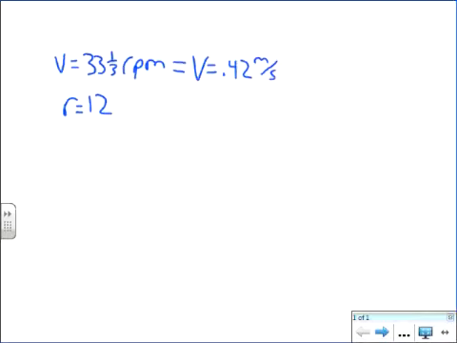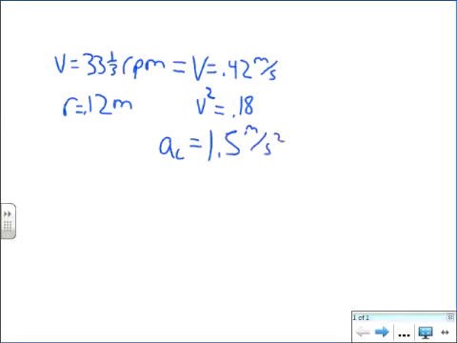From there, we just squared it, which means that v squared equals 0.18. Oh, by the way, the radius is 0.12 meters, 12 centimeters. And so when we divide v squared by r, which gives us the centripetal acceleration, it ended up being 1.5 meters per second squared.